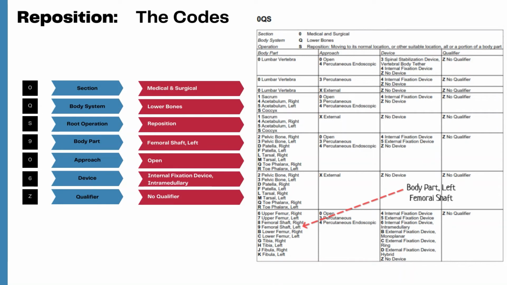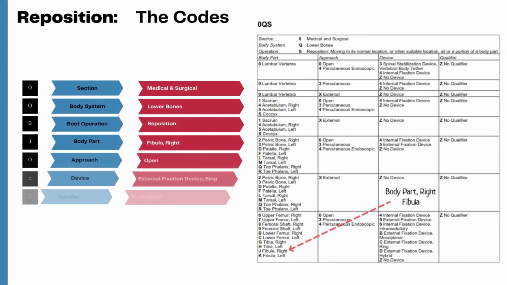Then the root operation is reposition for the third character. Body part is left femoral shaft. Approach is open. Device is internal fixation device, that is intramedullary, and no qualifier for the seventh character. So the code would be 0QS906Z. That's the first code for the left femoral shaft.